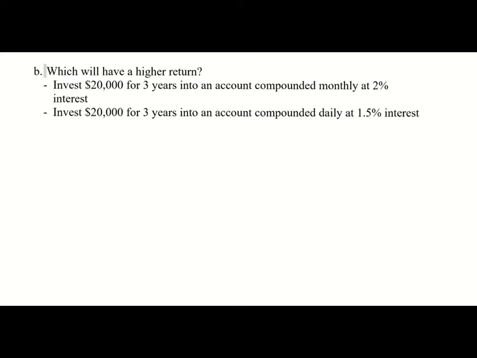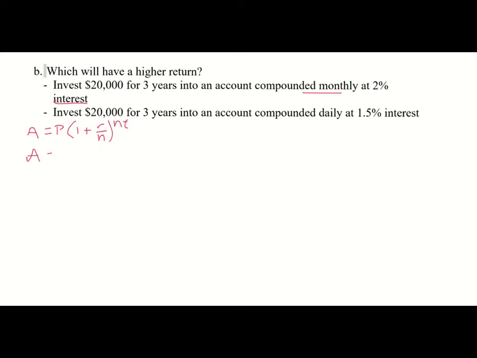So let's start off with the monthly. We're going to use, again, our A equals P times 1 plus the rate divided by the number of times compounded, raised to N times T, which is the time in years.